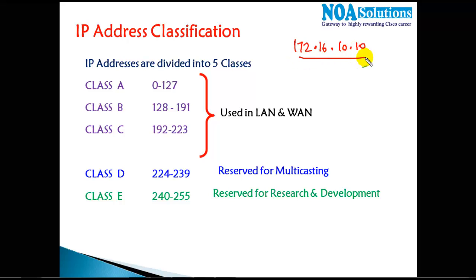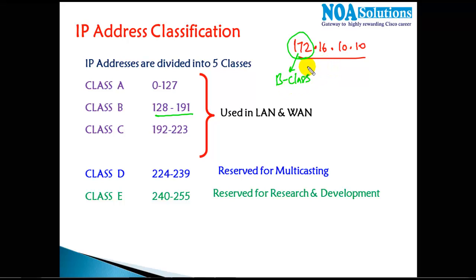Now my question is, which class does this address belong to? To identify it, you need to see the first portion. This first portion is 172. Don't look at the second, third, and fourth portions. So 172 comes in between the range of 128 to 191, so it's a B class address.